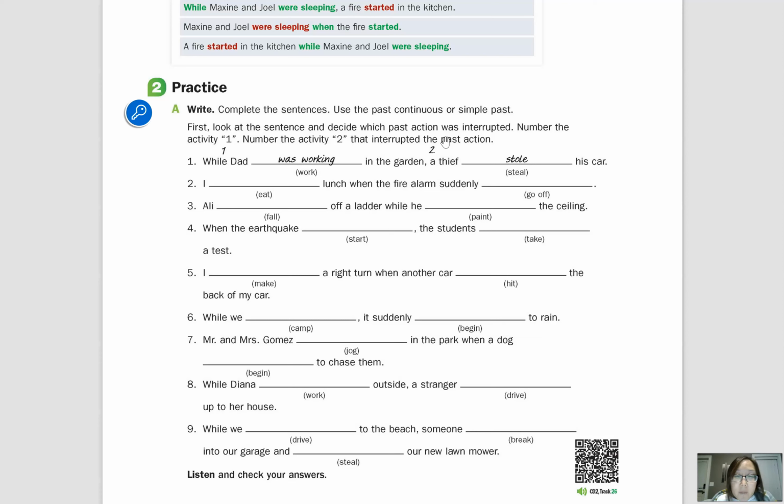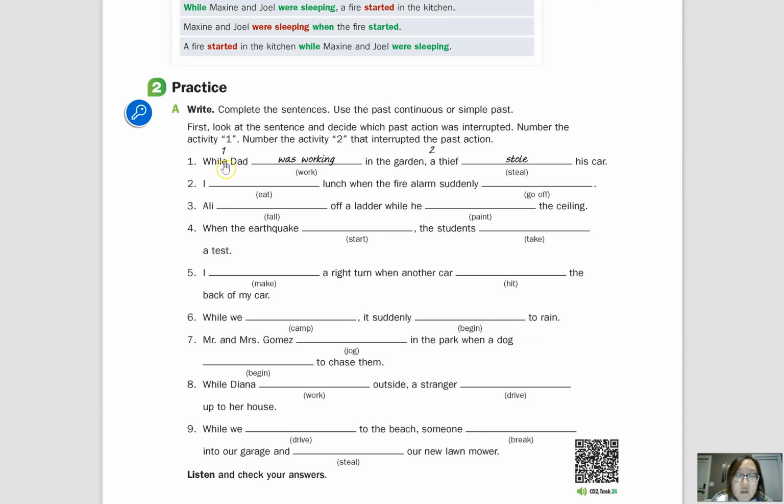Okay, so I know the grammar lesson might have been a little confusing, but it's simple to think about it this way. When we use while, we use it with an ongoing activity, a continuous activity.